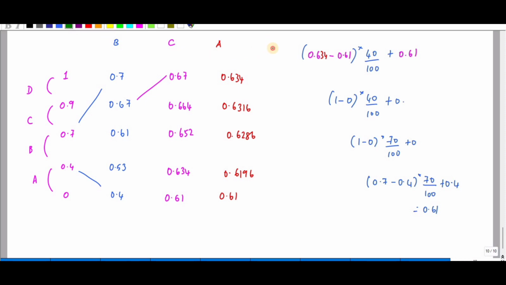Next we are passing B. B ranges from 0.6196 to 0.6286, since this is the value of A and this is the value of B. You can choose either of these values as the tag.